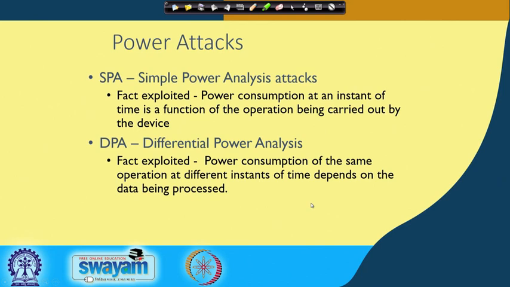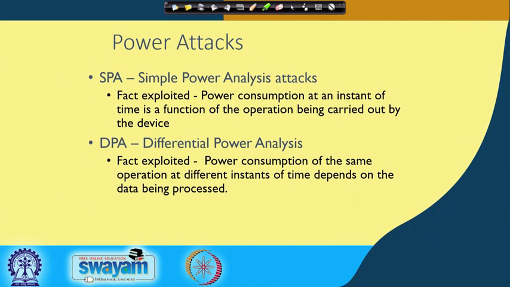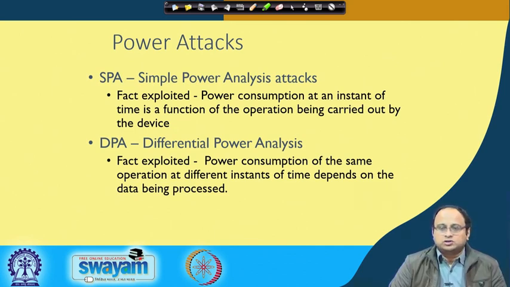As we have already discussed, there are two broad categories of power attacks. We have simple power attacks, where the fact exploited is that power consumption depends upon the underlying operation, like whether it is squaring, multiplication, addition or doubling. If the implementation is very naive, you may have different branches in your execution, where you are doing different operations.